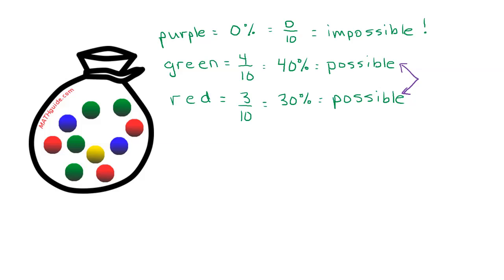Which one has the greater chance of being pulled, green or red? Well, this one has a bigger number. This is a bigger percentage. It's a bigger chunk of that fraction. 4 out of 10 is bigger than 3 out of 10. So the green would be more likely.